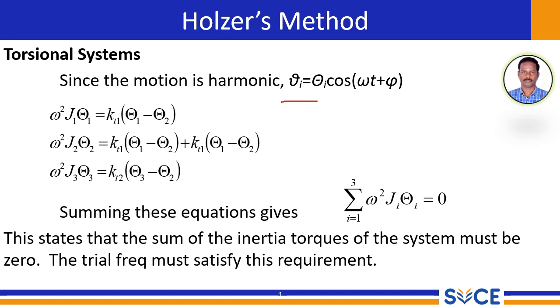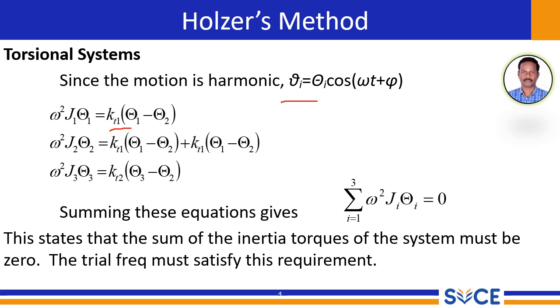So by summing all these equations, we can see that the sum of ω²Jθ will definitely equal 0. You can see here, kt1θ1 is positive here, then kt1θ1 will also be somewhere negative. Similarly, kt1θ2 is positive here and kt1θ2 somewhere will be negative.